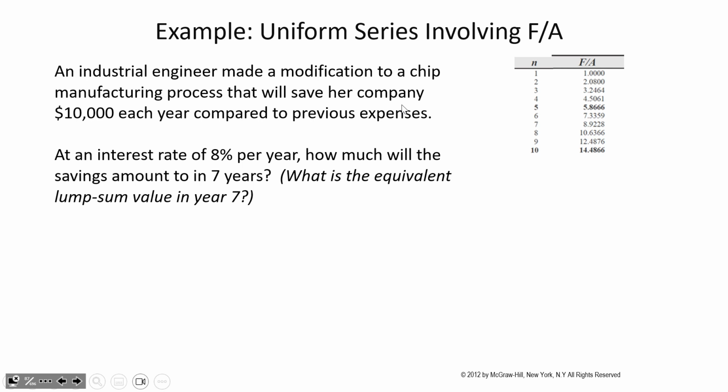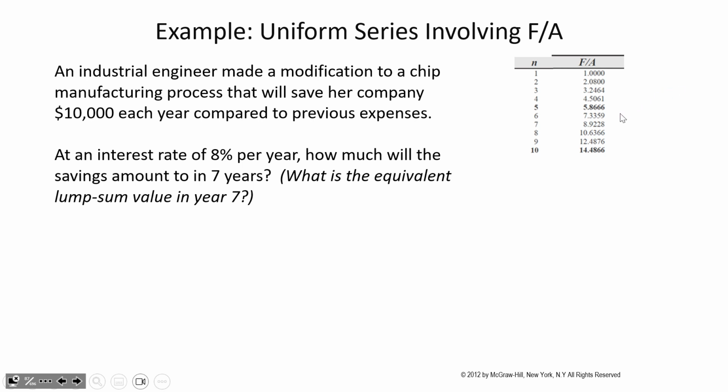So if we're going to find out how much is F, then what we do is go to the table. This is the 8% interest table. We go to the find F given A column. And here in parentheses, find F given A, i equals 8%, n equals 7 is equal to, and now we look up the factor.